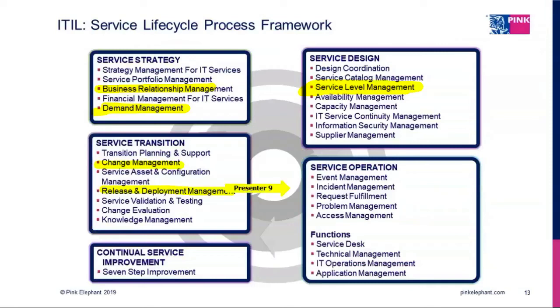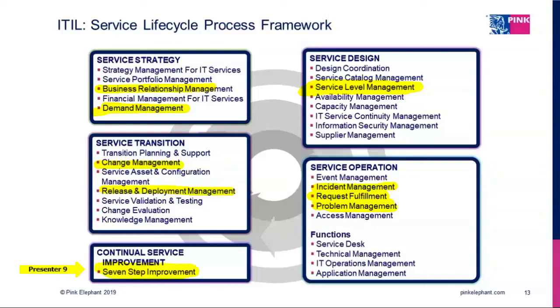We can be involved in service operation with major incidents or requests that have to be expedited, even problems that need to be investigated to create better warranty and quality of service. And of course, everything is involved in continual improvement. Continual improvement is linked to the concept as well of value harvesting.